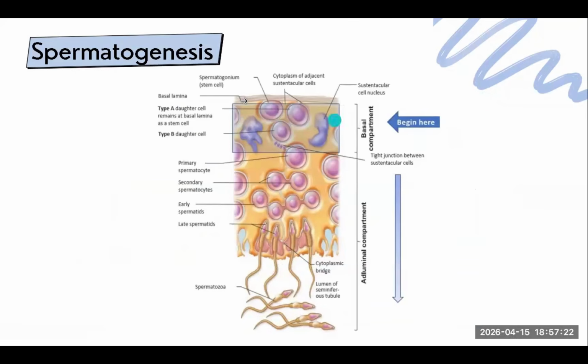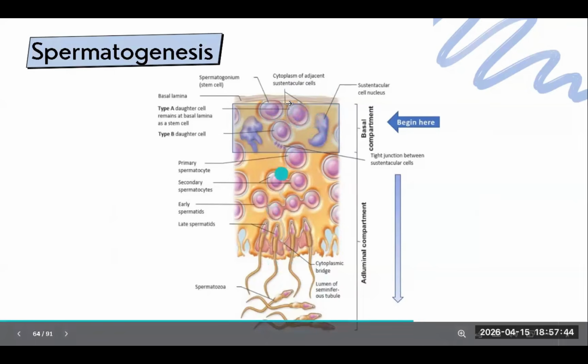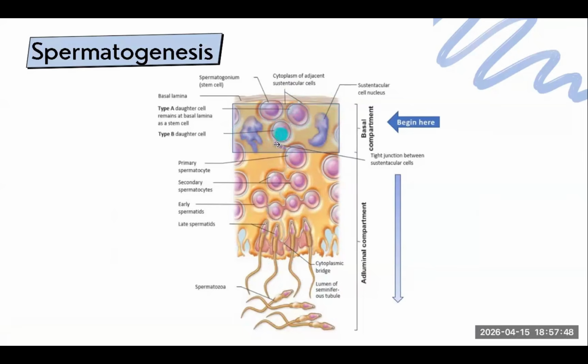Let's go over it one more time. In this diagram, you have spermatogonium over here, and then this spermatogonium will divide. It's going to give us two cells, the type A daughter cell and type B daughter cell. The type A daughter cell will remain in the basal compartment and it will divide in the future, giving us more sperms, okay? It's going to remain over here. The type B daughter cell, on the other hand, will move across the tight junction and leave the basal compartment.